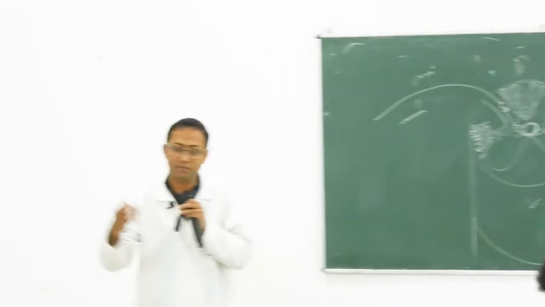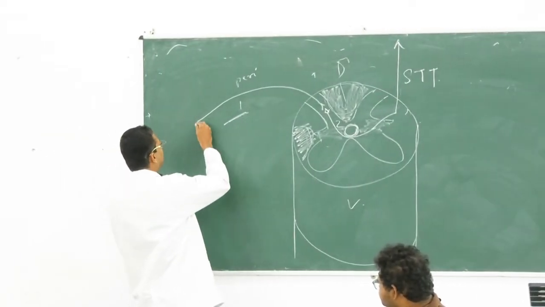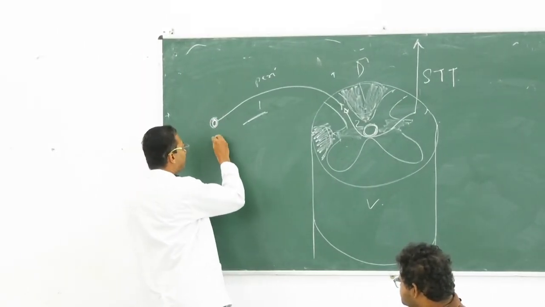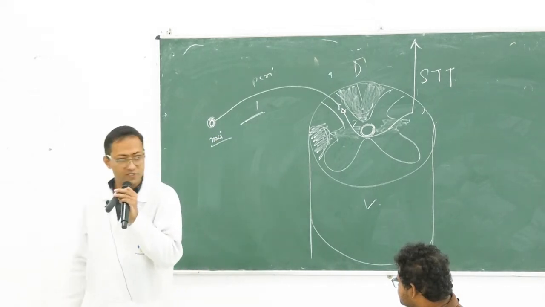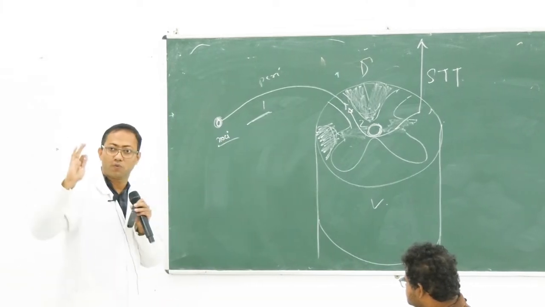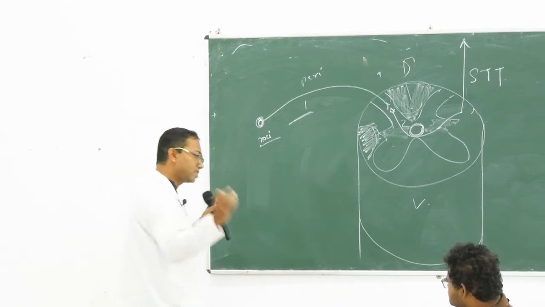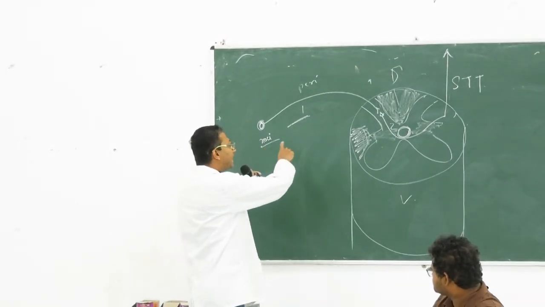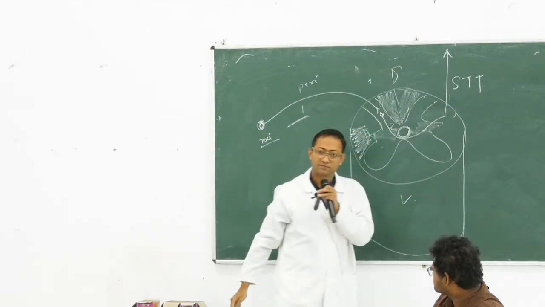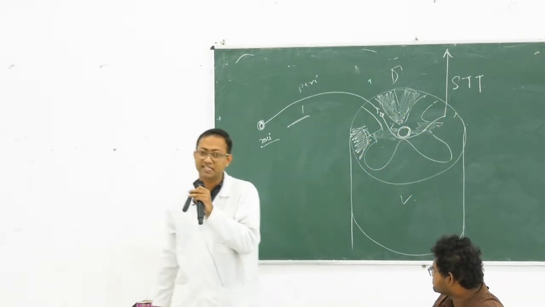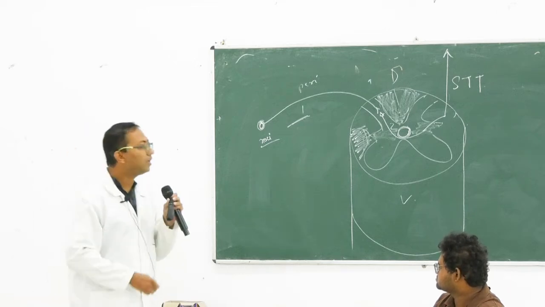So the pathology can be anywhere. It can be at the level of the receptor. This is the spinothalamic tract, so this receptor must be a nociceptor, right? So while testing the sensory system, you need to test the receptor, next the peripheral nerve, next the column, the ascending tract, everything, right?